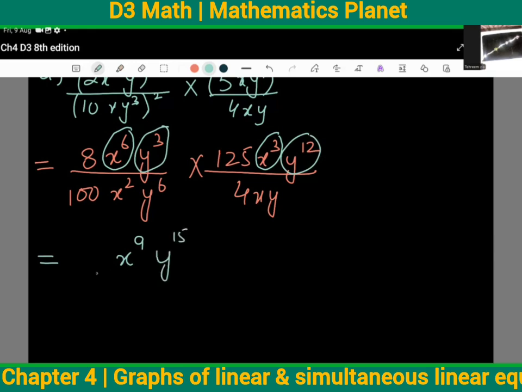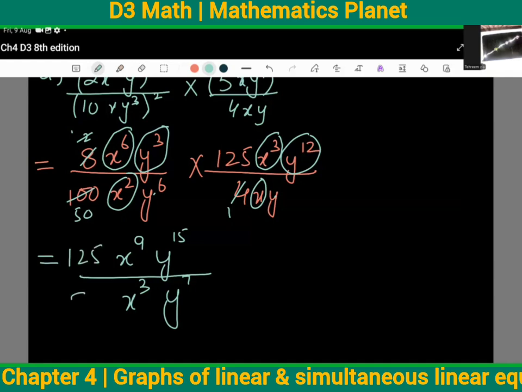And in the denominator, x² and x to the power 1 would be x³. y⁶ and y¹ will be y⁷. Now coming to the constants, 4 times 1 is 4, 2 is 8. So we can simplify 2 times 1 is 2, 5 is 10, so it would be 125 by 50. We can simplify it in the next step. Did you understand this step? First, I solve the numerators with numerators, denominator with denominator.